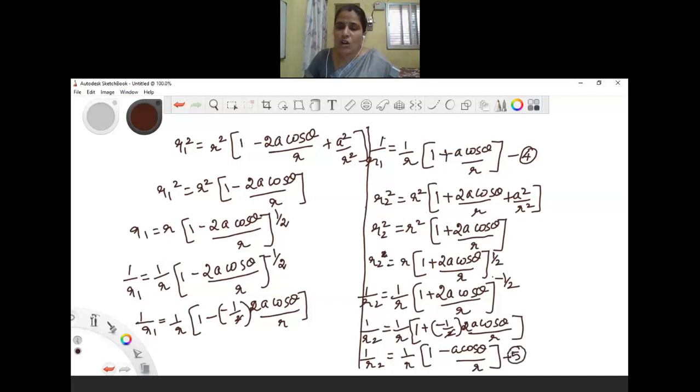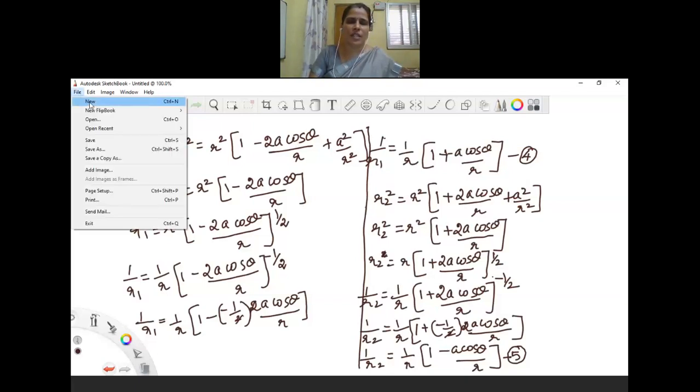Now we got the values of 1 by R1 and 1 by R2, so we are going to substitute them in our equation.